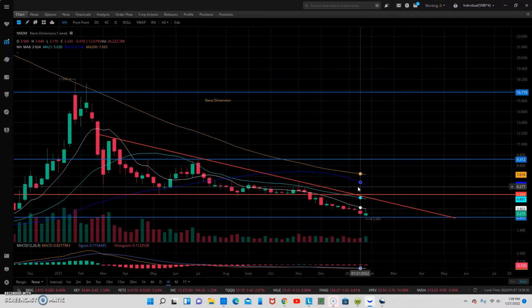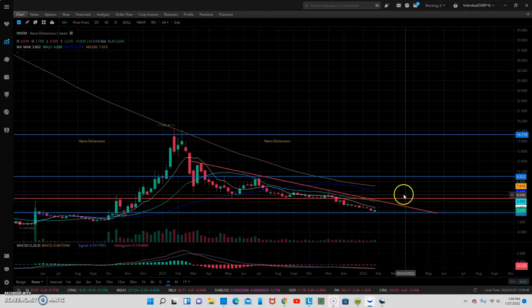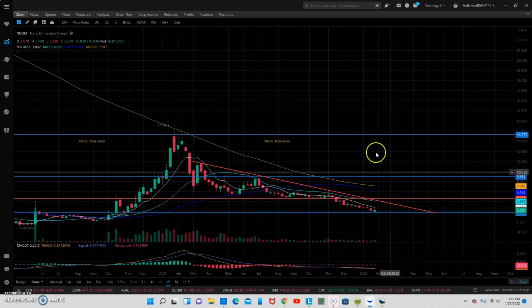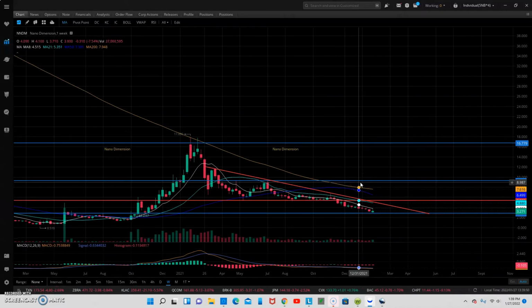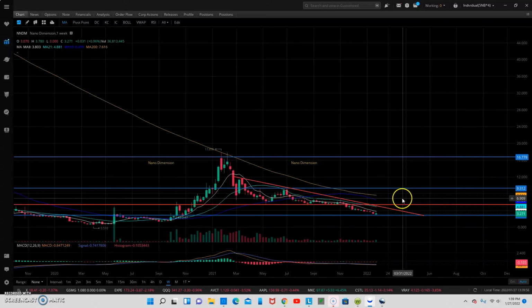That shows that those are acting as resistance, and we need to get above those, close above those, and start building above those if we want a confirmation that we are going to start an uptrend and we have bottomed out, moving in the opposite direction of down.